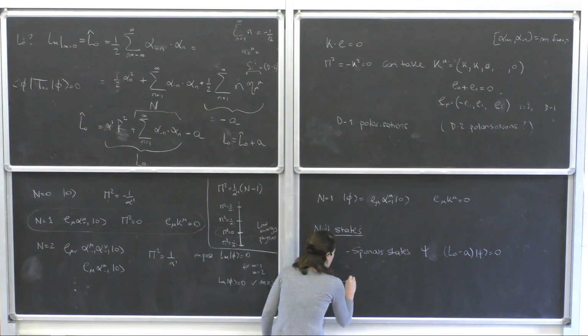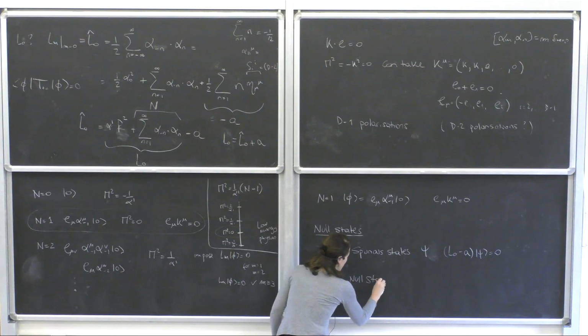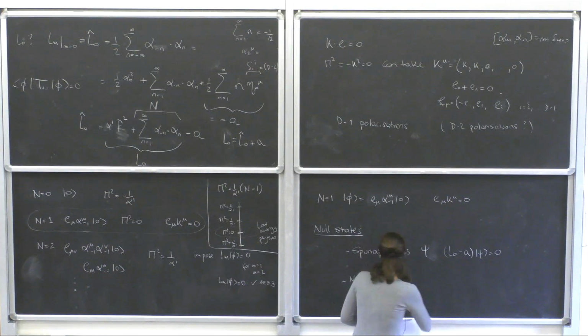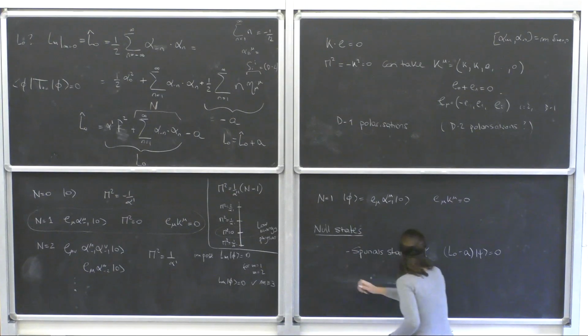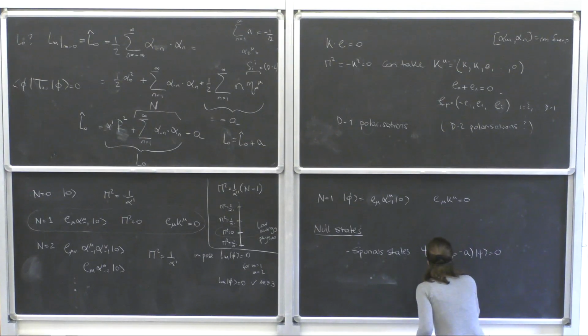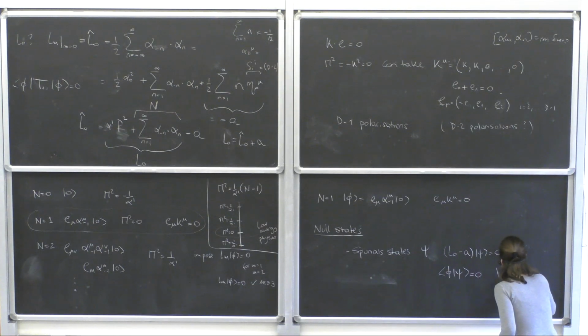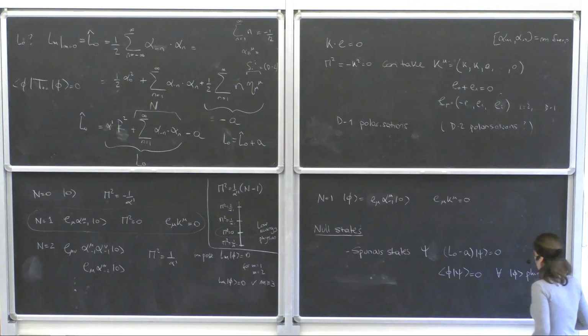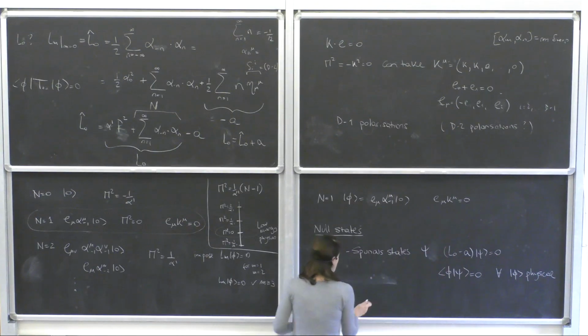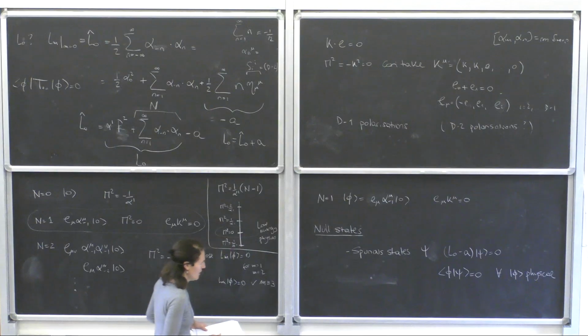And then the null states, sorry, I forgot something. So they satisfy this, but they are also orthogonal to any physical state, for all phi physical. These are the spurious states, which are called descendants in the CFT language.